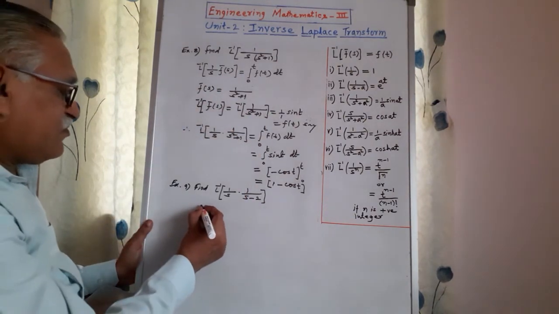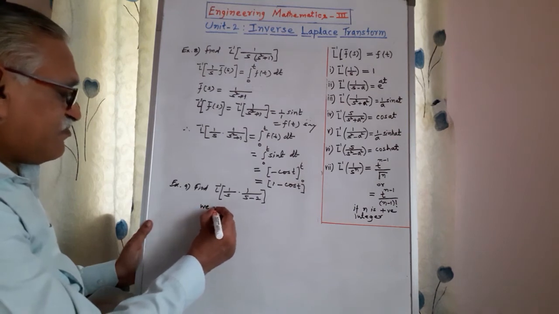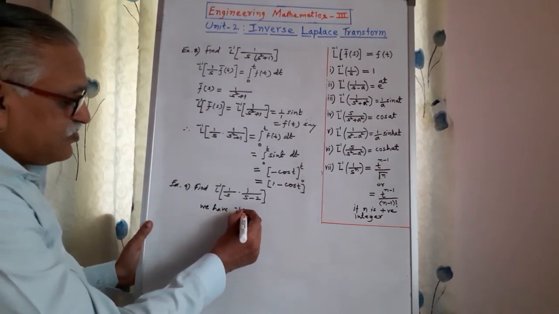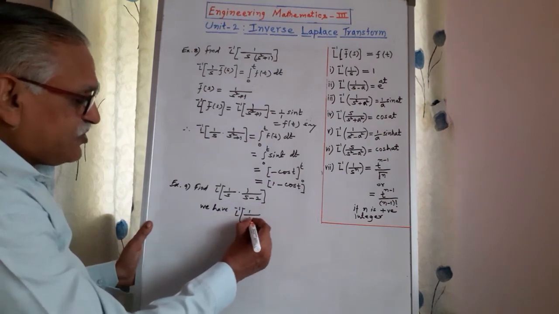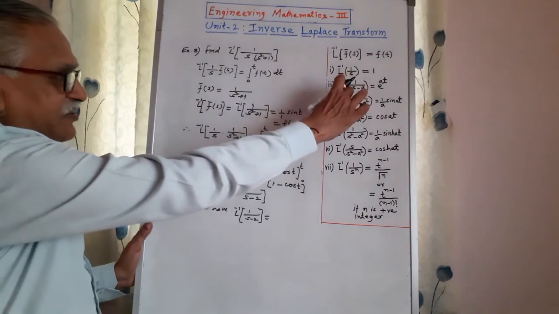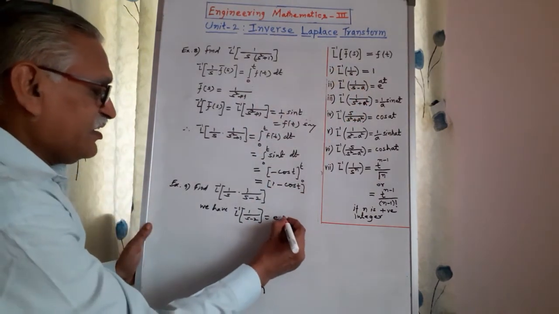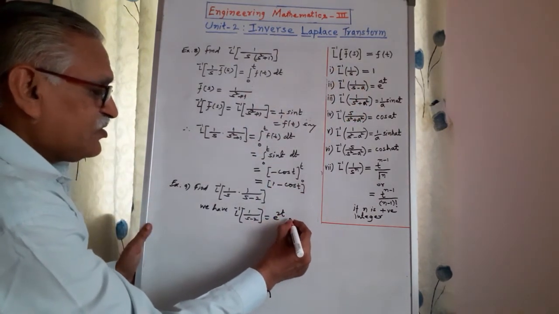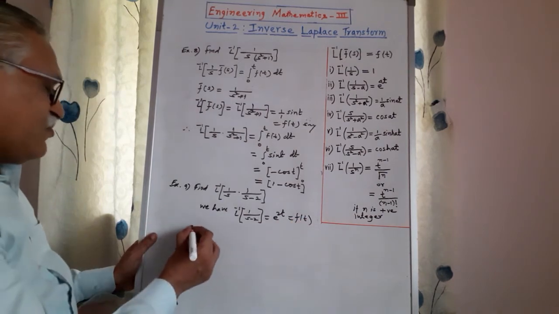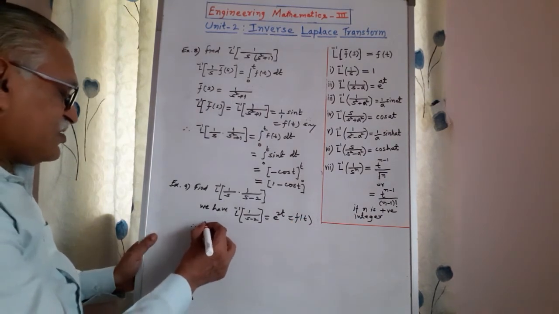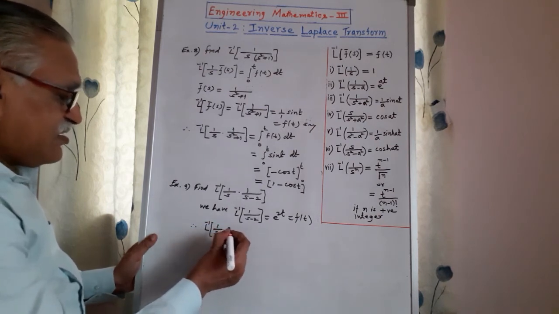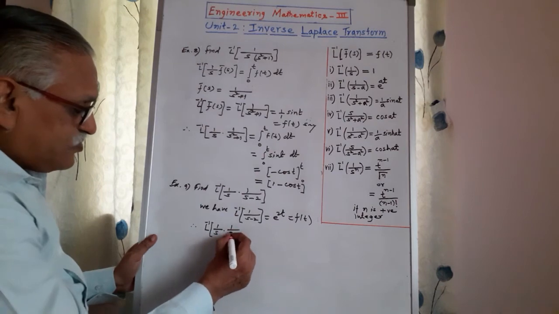Therefore, we have inverse Laplace of 1 upon s minus 2, which by this is e raised to at, a is 2. We call this f of t.